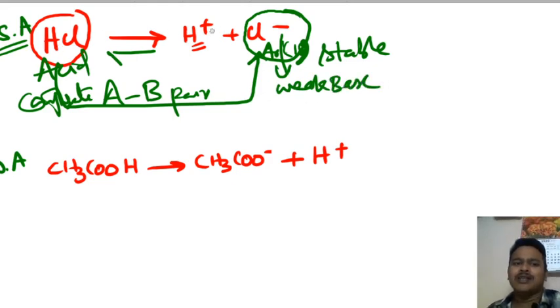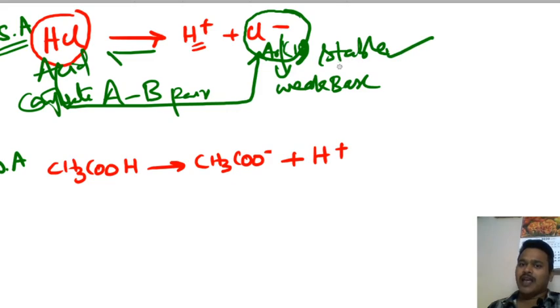Once HCl loses H plus and Cl minus forms, there is definitely a possibility of reverse reaction: H plus and Cl minus can form HCl, but not as fast as the breaking. Forward process is breaking, reverse process is combination. They are not going to combine as readily as they dissociate, because after dissociation they are getting stability.